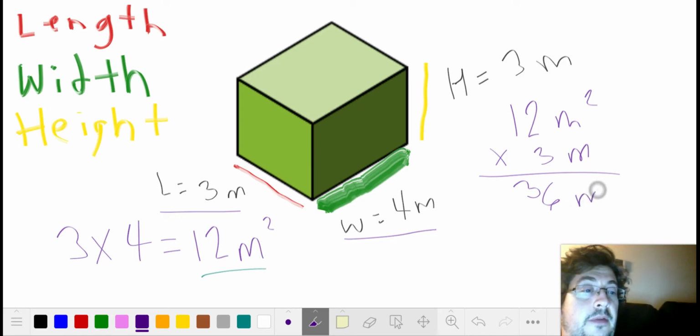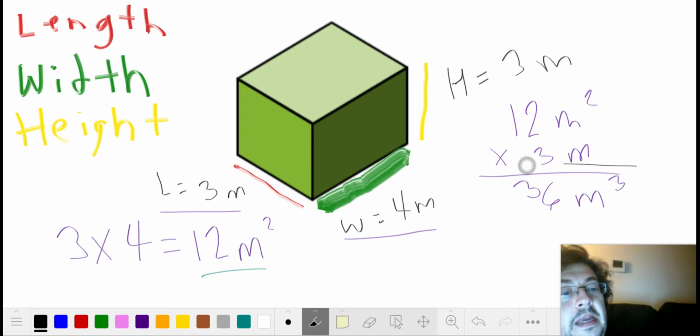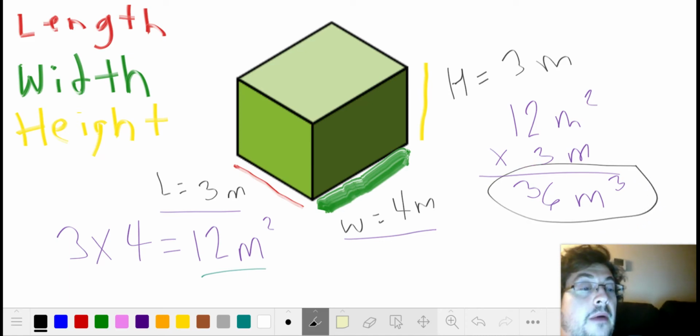And as you might have guessed, I'm going to express my volume, or my answer here, with a unit meters with a little 3 exponent above it. And the way we say this is 36 meters cubed, or 36 cubic meters. And remember, when we were talking about the unit cubes, we talked about how the volume is measured in cubic units.